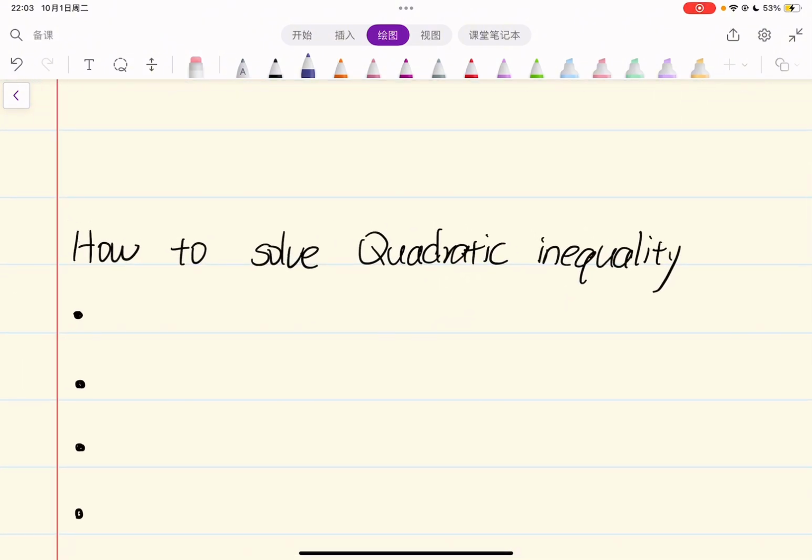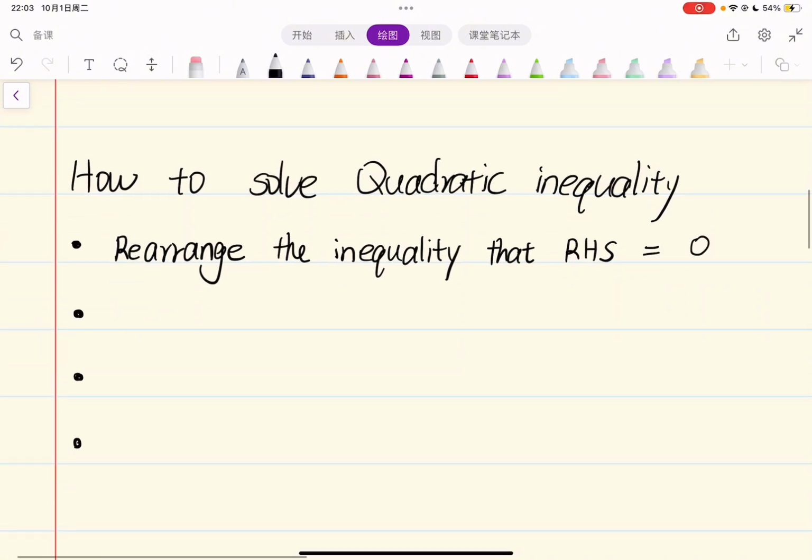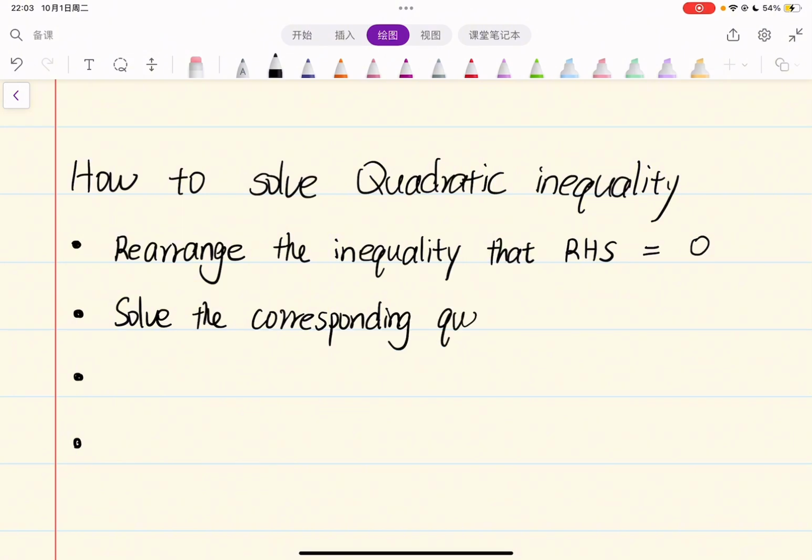The first step is that we need to rearrange the inequality so that the right-hand side equals 0, and then solve the corresponding quadratic equation on the left-hand side.